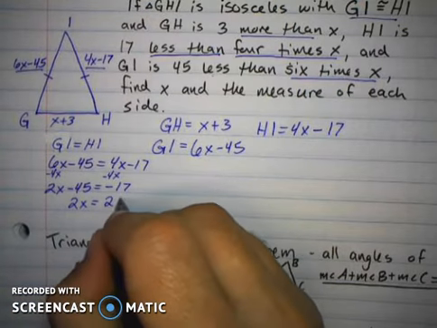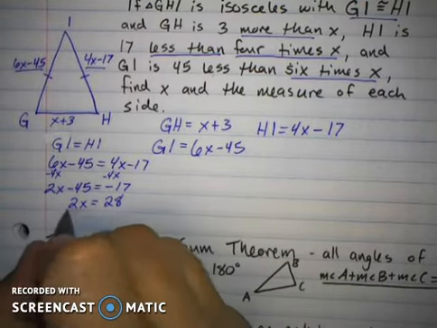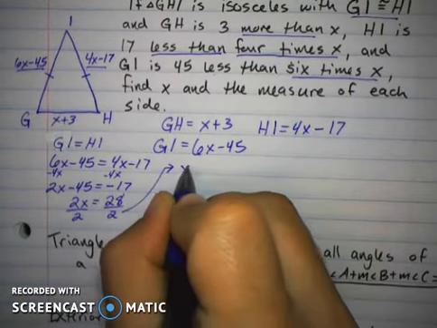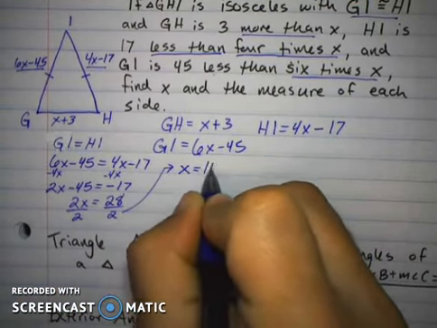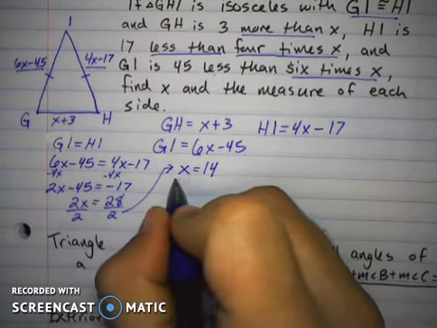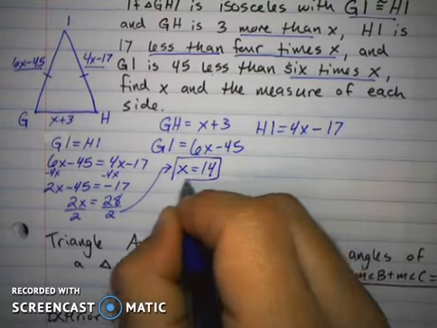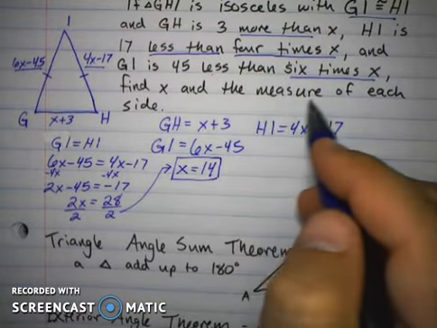So 2X equals 28. And divide both sides by 2. So X equals 14. So that's one of our values. Find X. That's one thing we were supposed to do. And we're supposed to find the measure of each side.